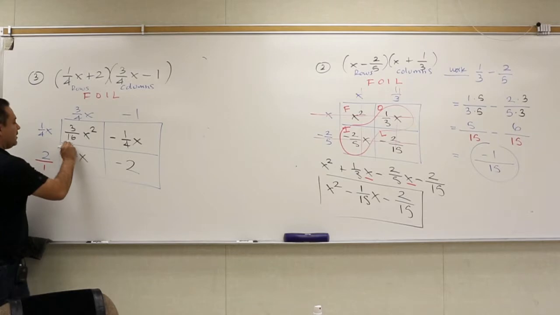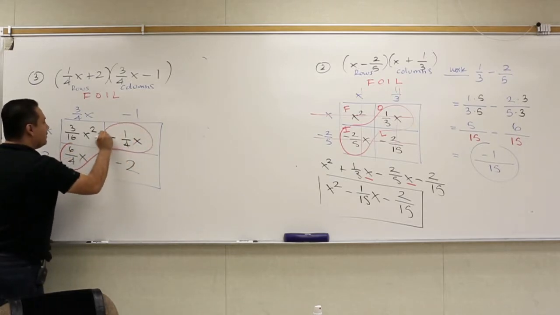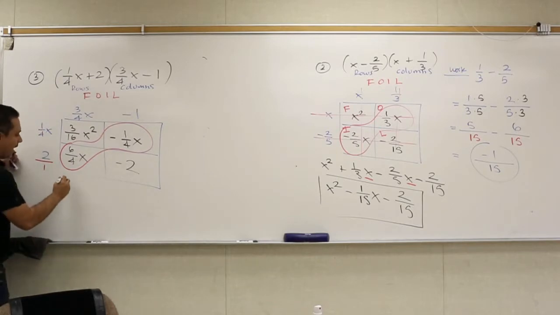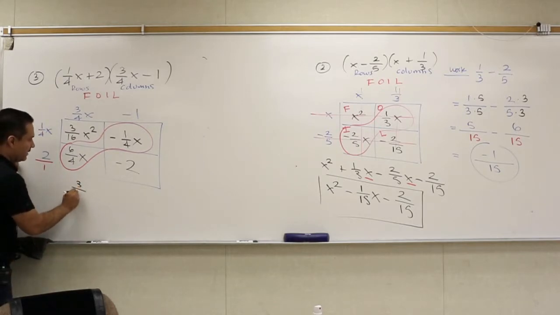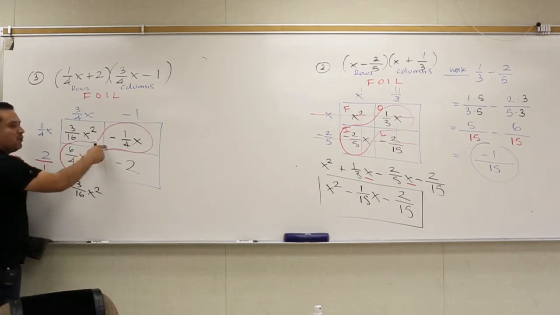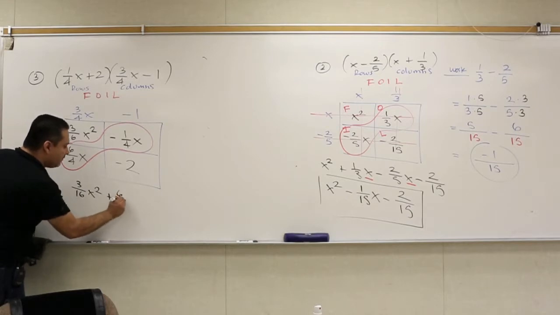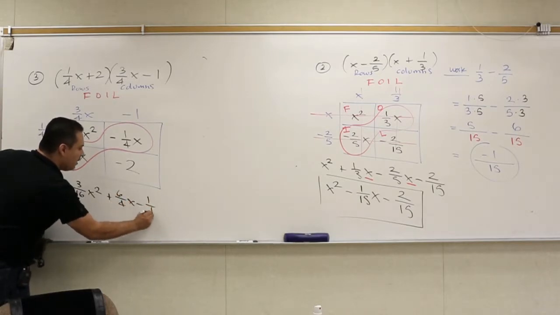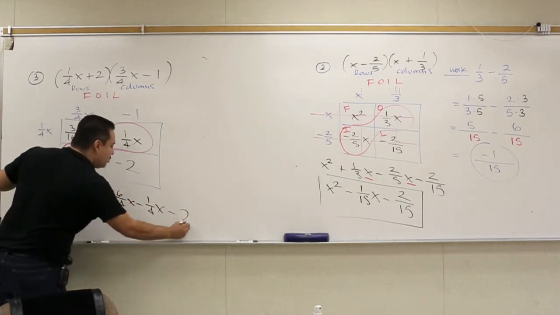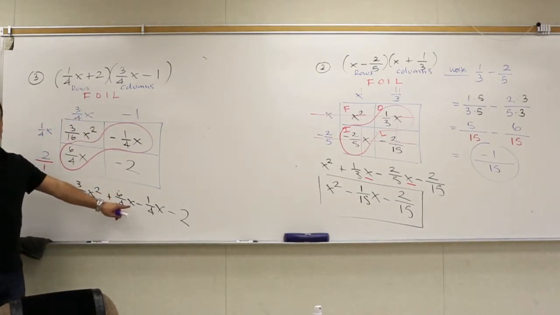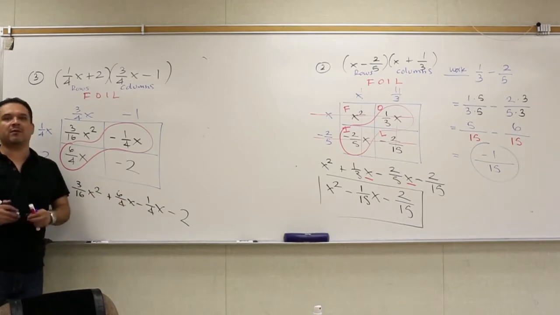So, anybody notice again? Do we have some like terms? Okay, so we got 3/16 x squared. What's 6/4 minus 1/4? Because remember, if we write down 6/4 x minus 1/4 x minus 2, I'm going to have to combine now my 6/4, well, these are like terms.